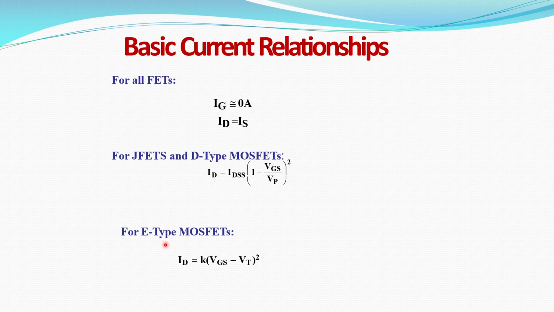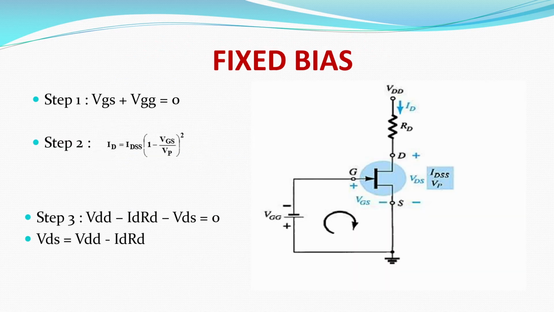And for the E type, that is enhancement mode MOSFET, the ID value will be different: ID equal to K into VGS minus VT, whole square. K is a constant, and the gate to source voltage is denoted as VGS. VT is the threshold voltage. So this is the current equation for JFET as well as MOSFET.